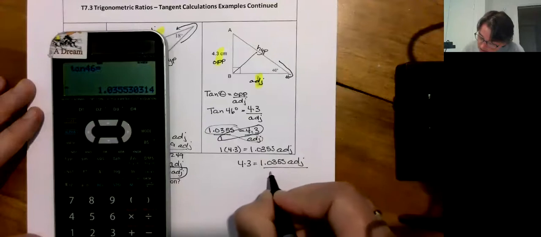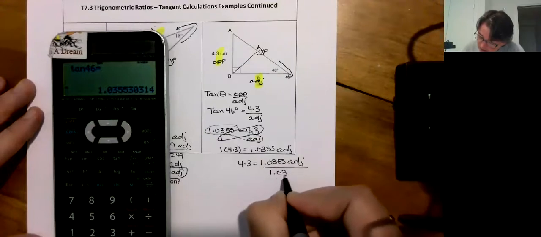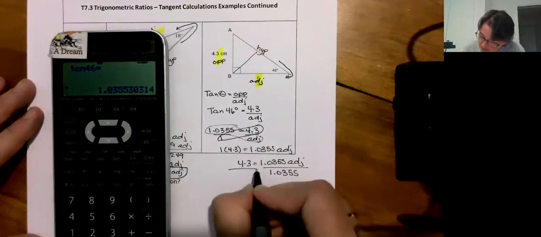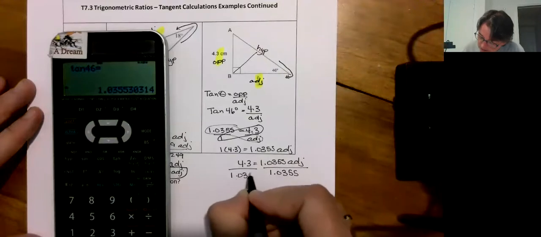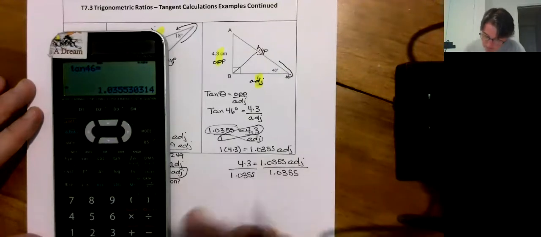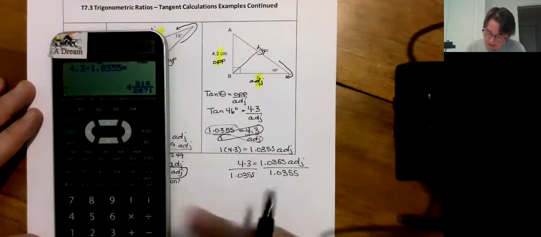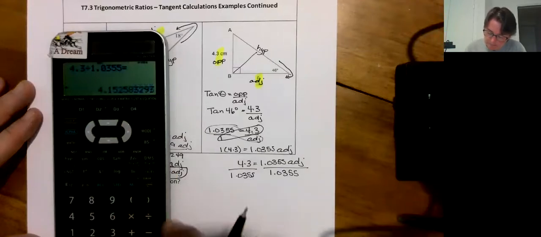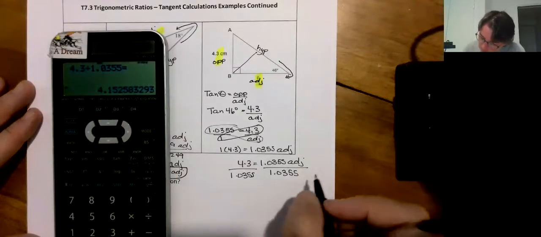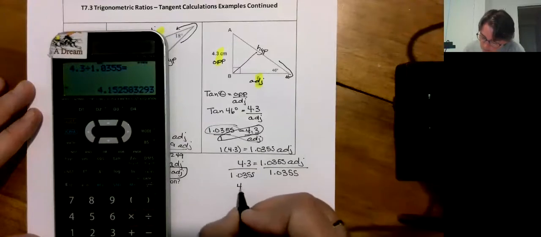So I'm going to divide this side and divide this side. So 4.3, oopsies, sorry, try that again. 4.3 divided by 1.0355 is going to give me 4.15.